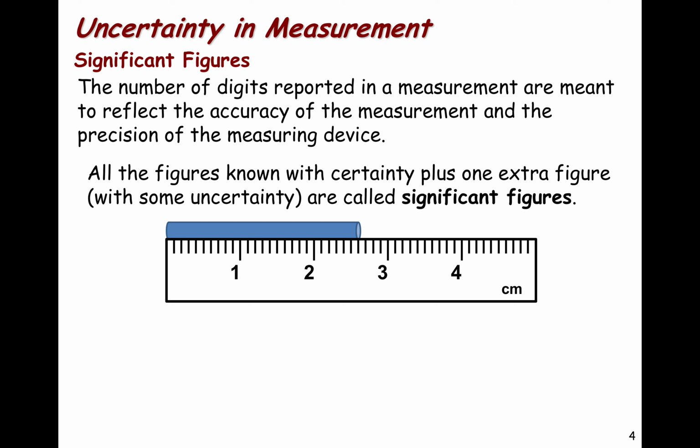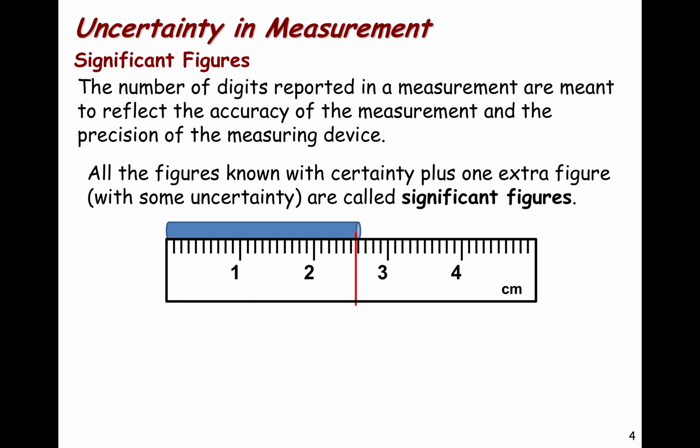There are additional marks that are not labeled. Those are the tenths of centimeters, and we can see that the rod is at least 2.5 centimeters, but not quite 2.6 centimeters.